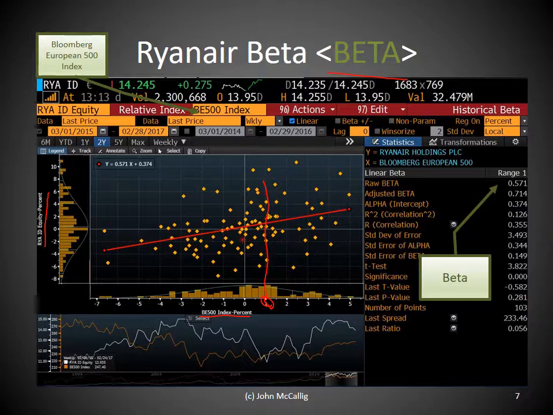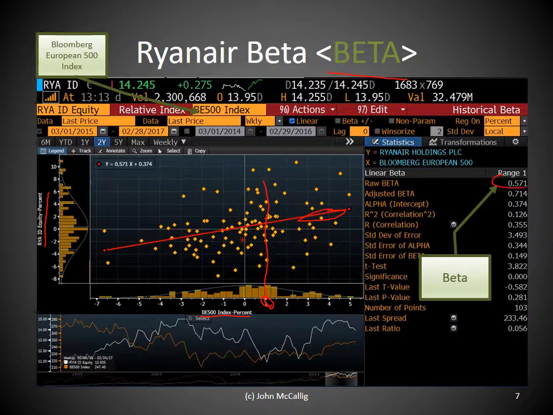You can see there's some kind of relationship here, and the way the capital asset pricing model is estimated in practice is to draw on a regression line, this red line here, between the Ryanair's returns and the index returns.